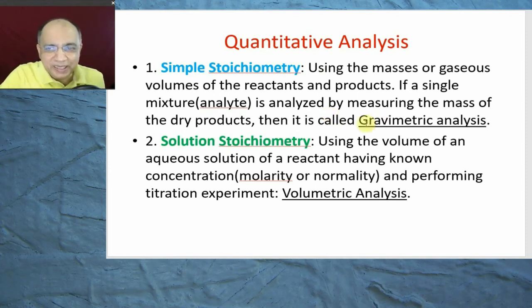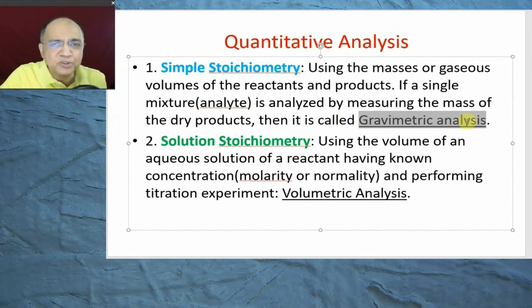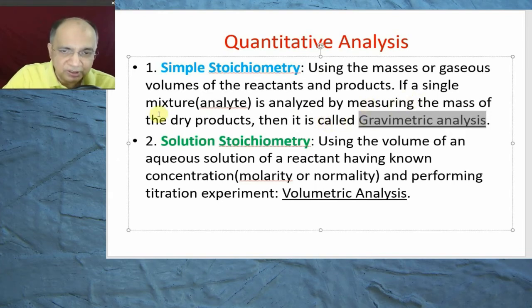It is sometimes called gravimetric analysis, particularly when the substance to be analyzed is a mixture containing several entities, several species. That is called the analyte, and we are analyzing through measurement of mass. In that case, it is called gravimetric analysis.